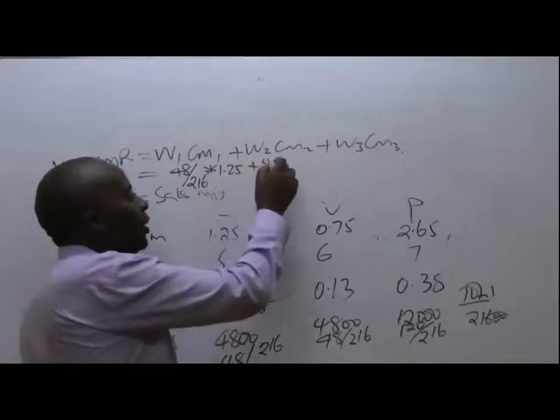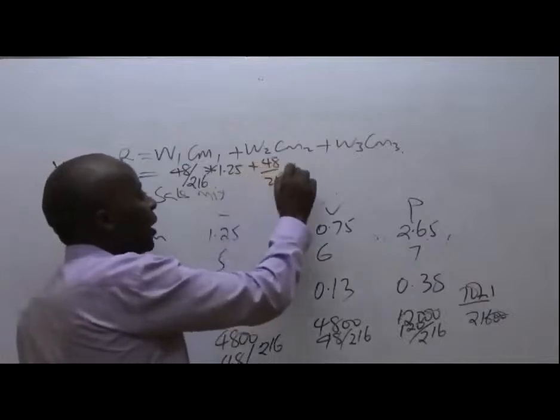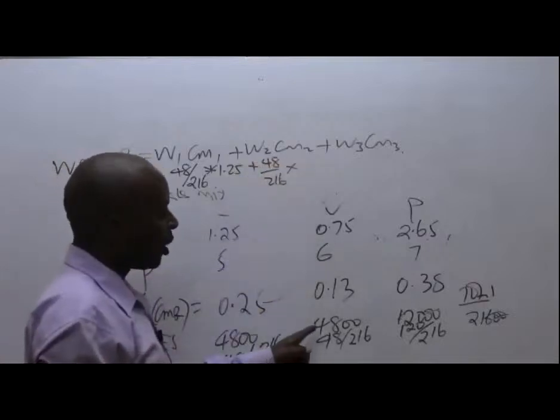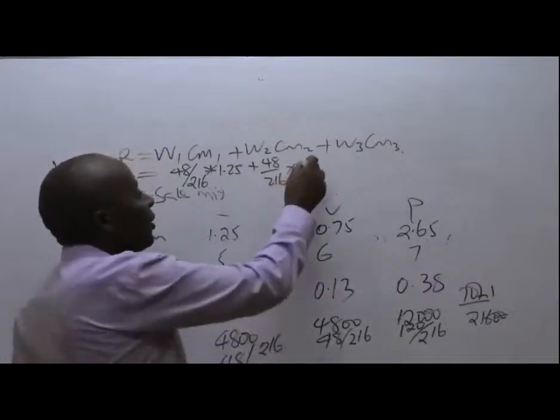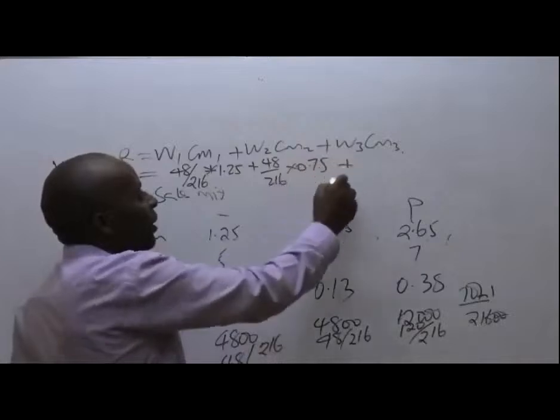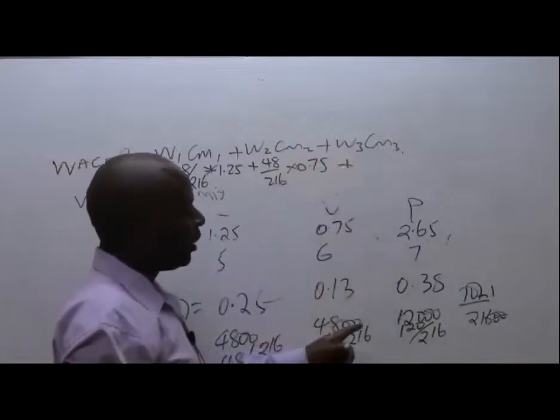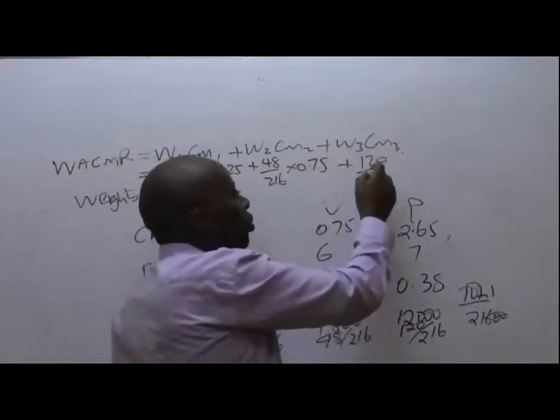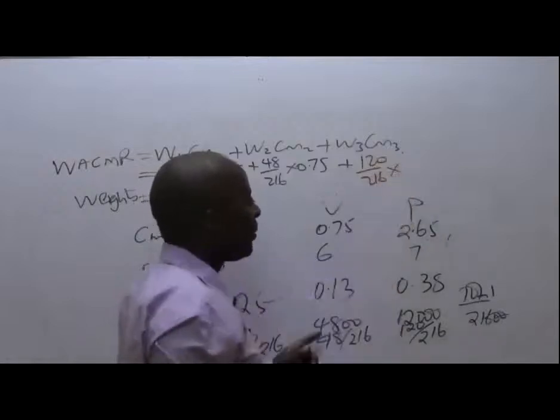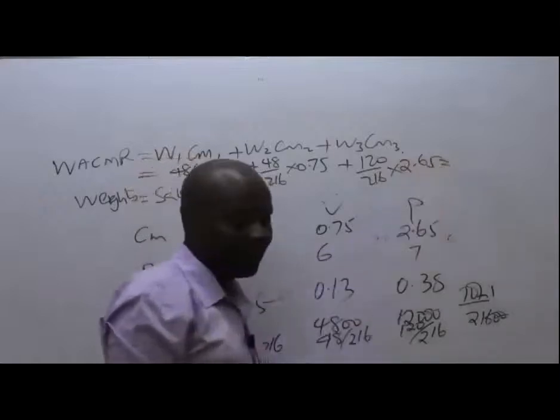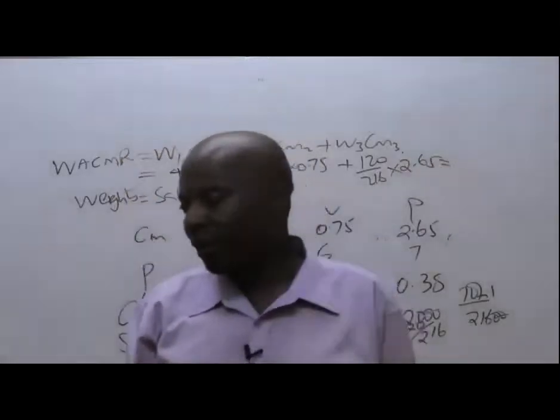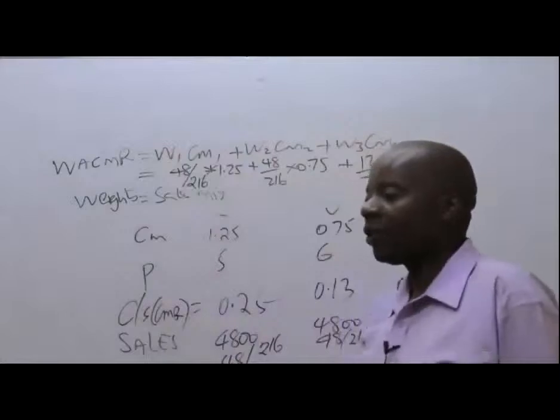Weight 2 is 48 over 216 times contribution margin 2, which is 0.75, plus weight 3, which will be 120 all over 216 times contribution margin 3, which is 2.65. Please give us a figure to write down.